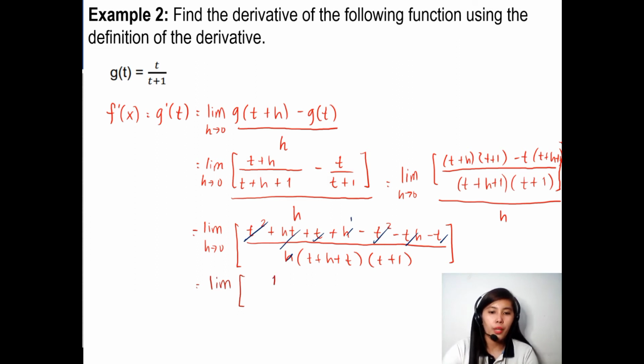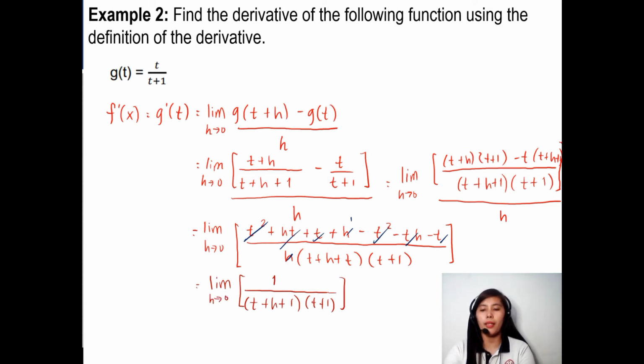So let's write 1 over t plus h plus 1 times t plus 1 as h approaches 0. Then applying the limit as h approaches 0, the h will be 0. So therefore, we will have the answer as 1 all over t plus 1 squared. So this is our final answer.